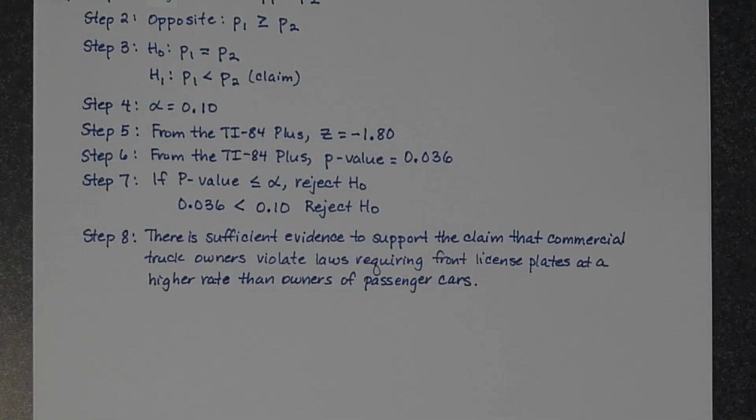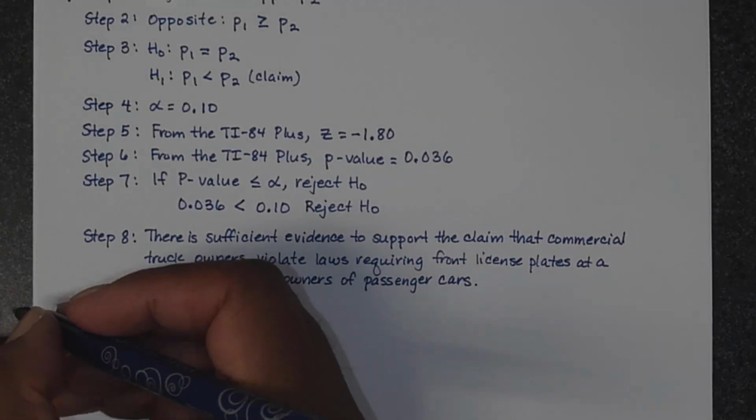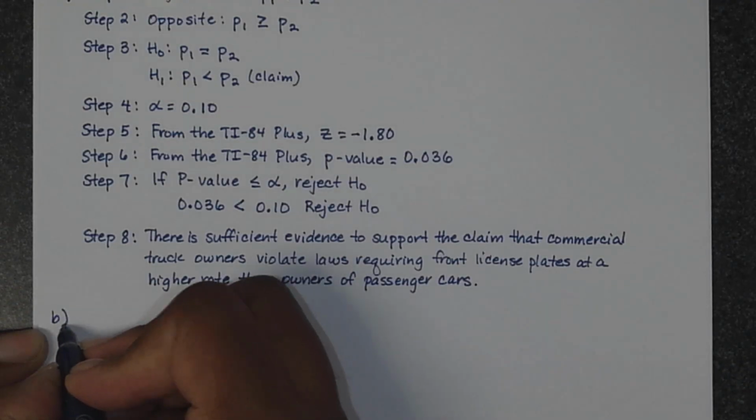Okay, I realize that's a lot to write, but pretty much you are expected to write out what your conclusion statement is using simple non-technical terms. So all of this was part A.